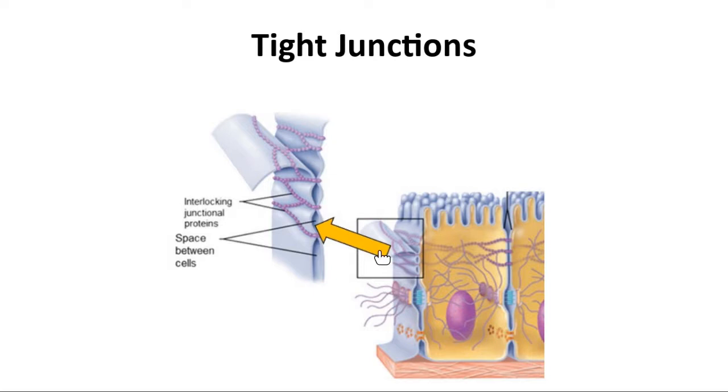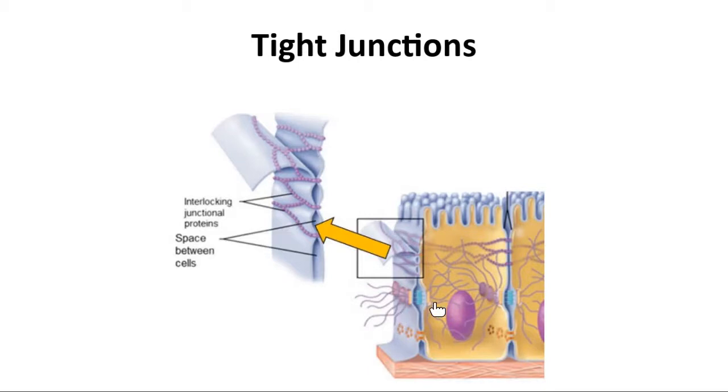If you look up close at them, so we can see them up here in our cells, they attach the membranes together of neighboring cells. So like their name suggests, it's a really tight junction. It's fusion. Nothing can get in between these types of junctions. But the proteins that I use to fuse the membranes together are not keratin.